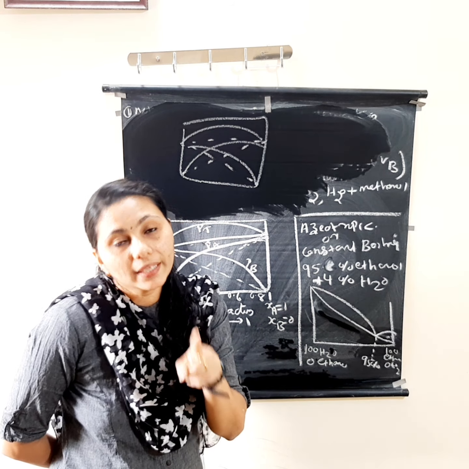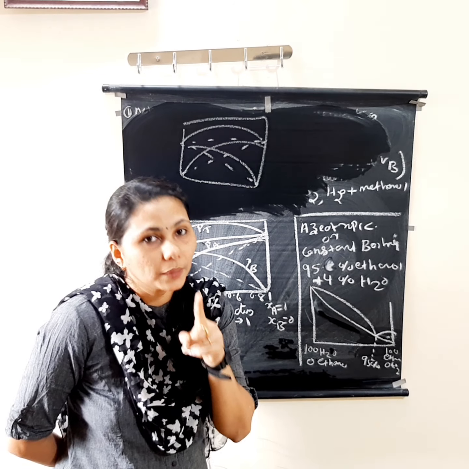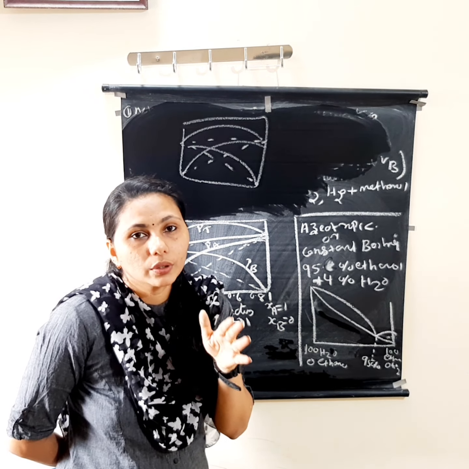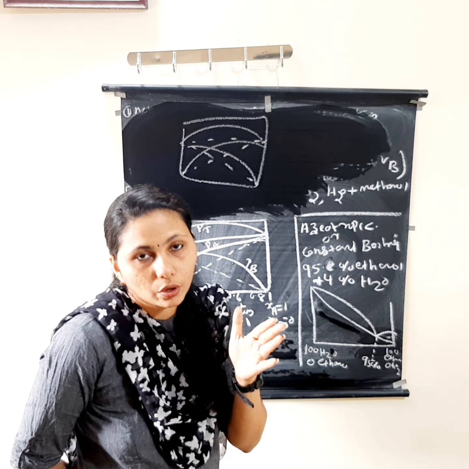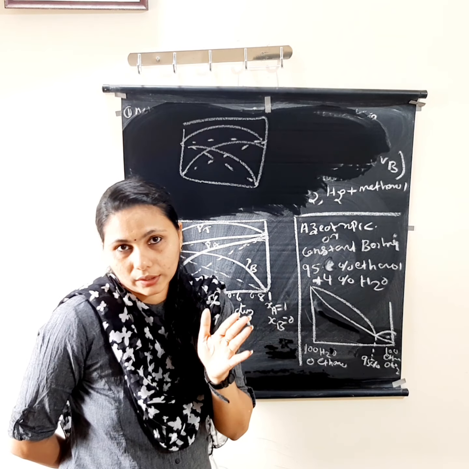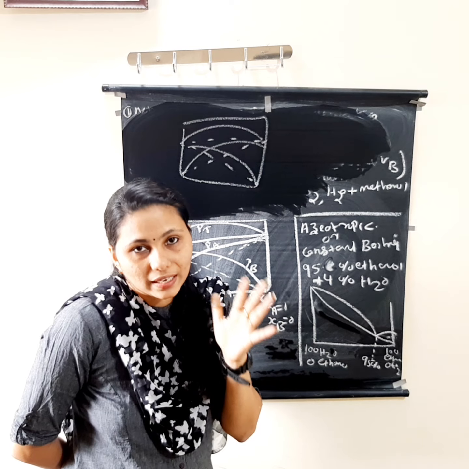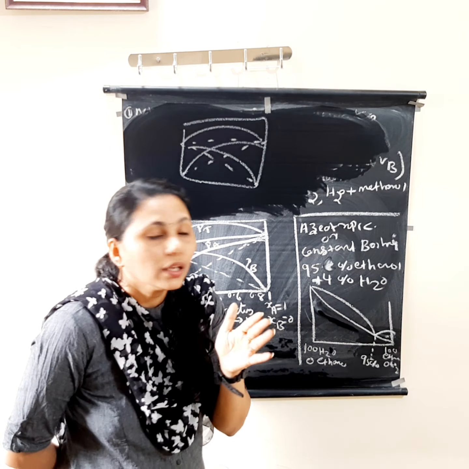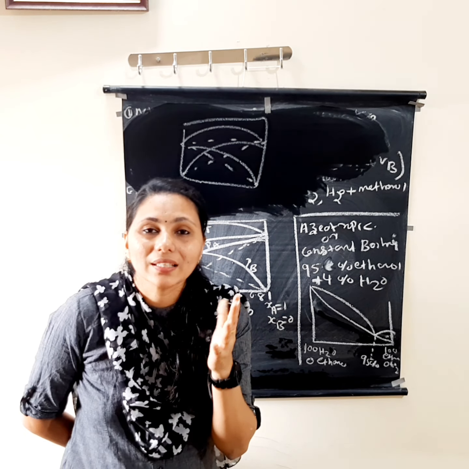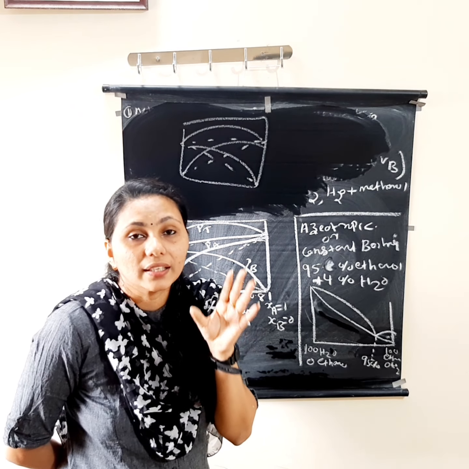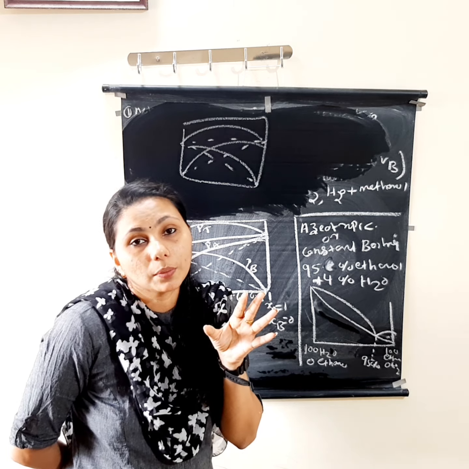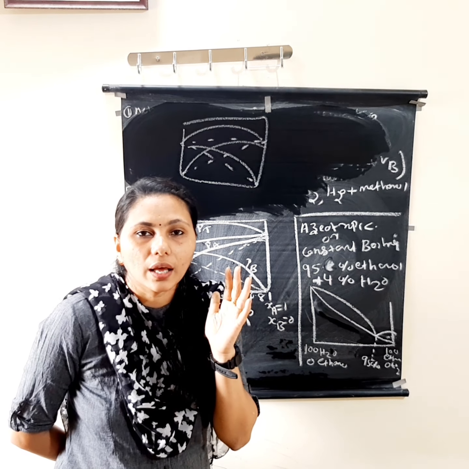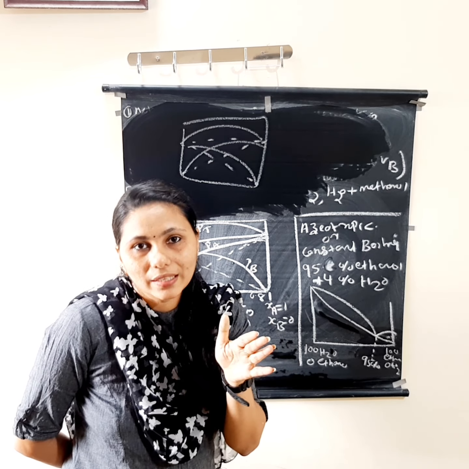Large positive deviation showing azeotropic mixture is known as what? Minimum boiling azeotrope. An example for minimum boiling azeotrope is when you do fractional distillation of a mixture of ethanol and water. After some time we get a composition containing 95% ethanol and the remaining 5% water.